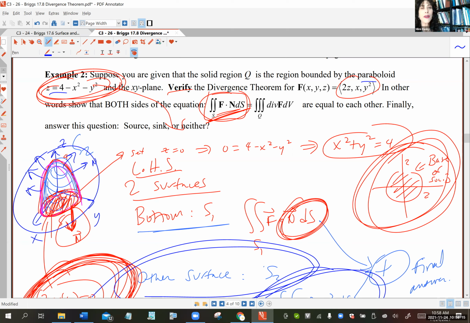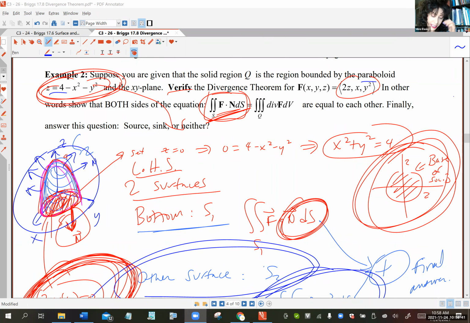And if it were water, the amount of water flowing in is canceled by the amount flowing out. So your overall flux is 0 for the whole solid. Pretty interesting, huh? Aren't you excited? All that work just to get a 0?